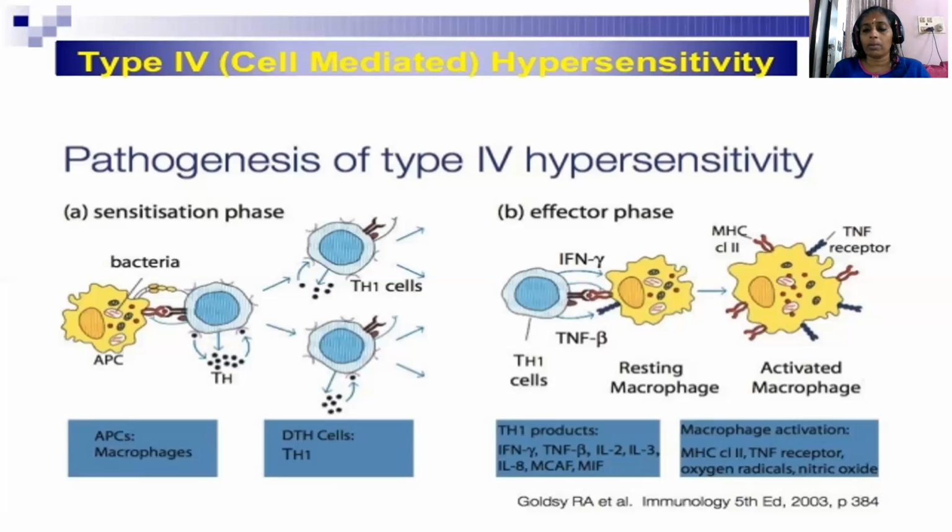Finally, once the macrophage is activated, it will engulf and kill the bacteria. So macrophage activation results in the formation of MHC class 2, TNF receptors, oxygen radicals, and nitric oxide.